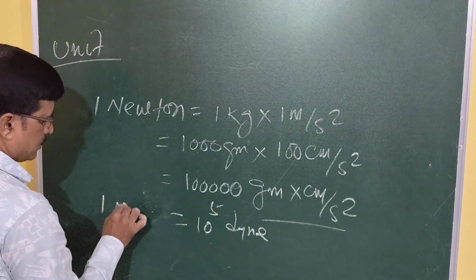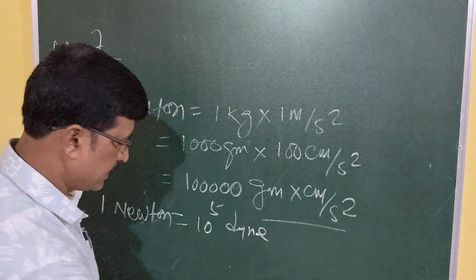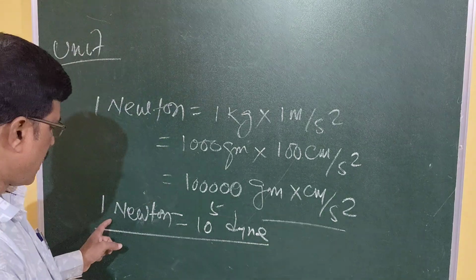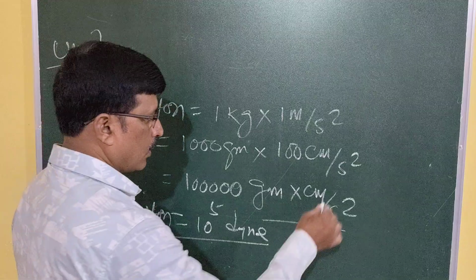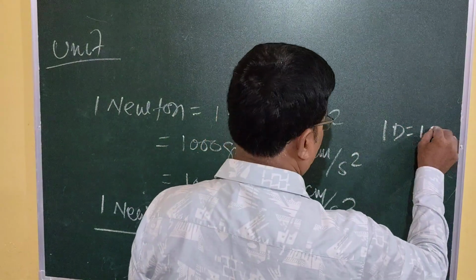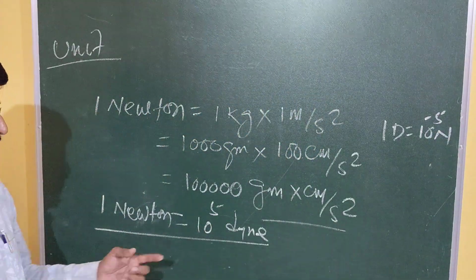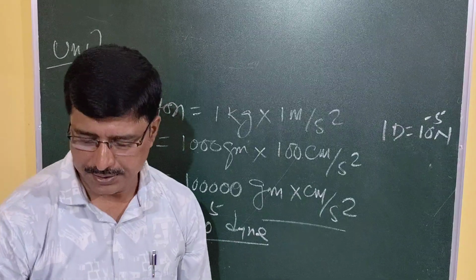So 1 Newton is equal to 10 to the 5 dyne. Remember this, 1 Newton is 10 to the 5 dyne, or 1 dyne is equal to 10 to the power minus 5 Newton.